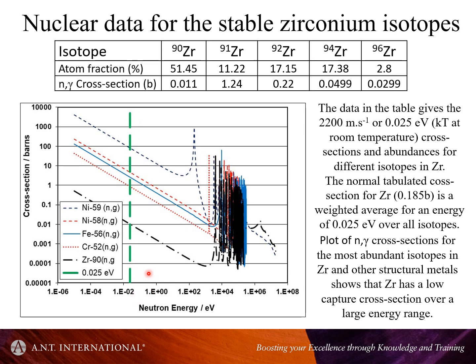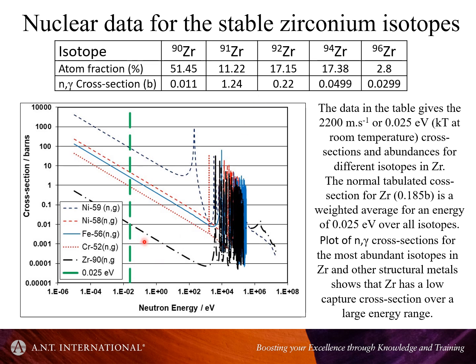In the values at the same energy in the table I showed for TRECOR, the average cross section for zirconium was 0.185 barns, which is still low relative to the other elements, but most of that 0.185 comes about because of this isotope, zirconium 91, and that basically results in a higher average cross-section when one averages over all of the isotopes in zirconium.